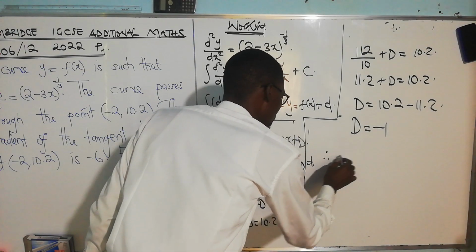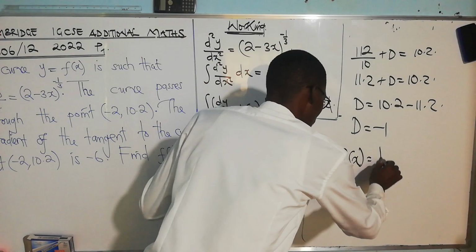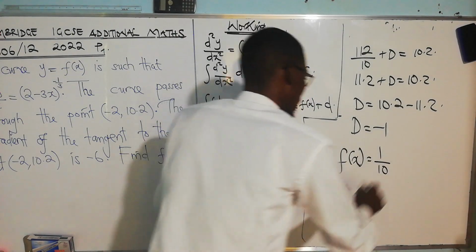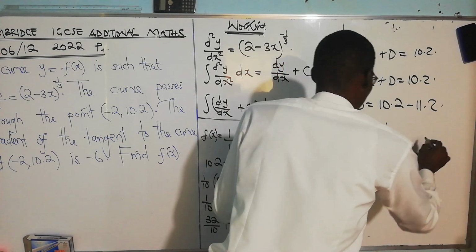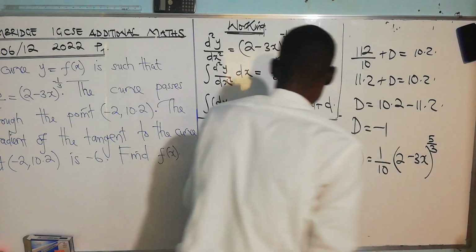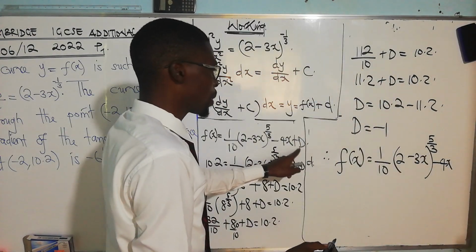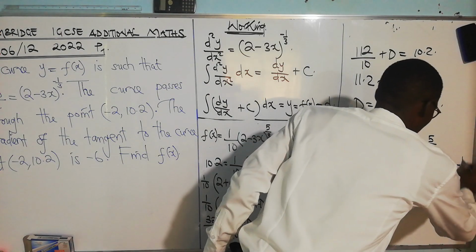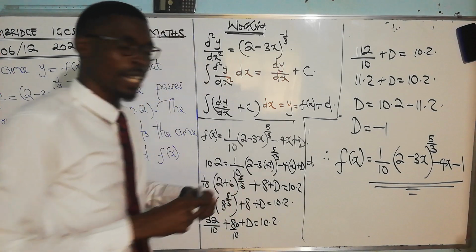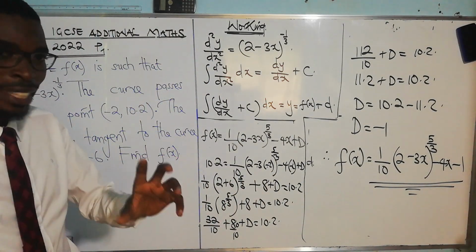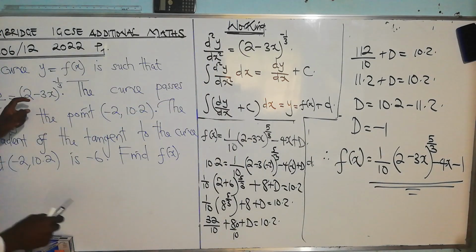So therefore, f of x is equal to 1 over 10, 2 minus 3x to the power 5 over 3, minus 4x. Then where there's plus d, we'll put negative 1. So this is the function f of x.